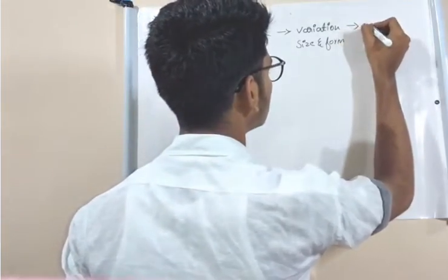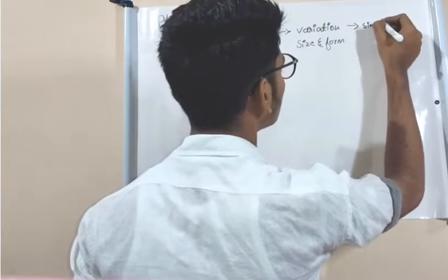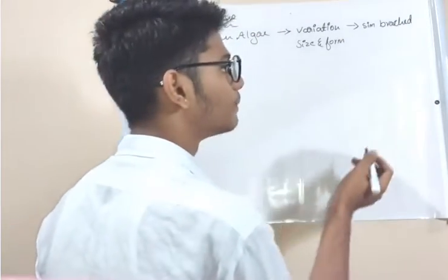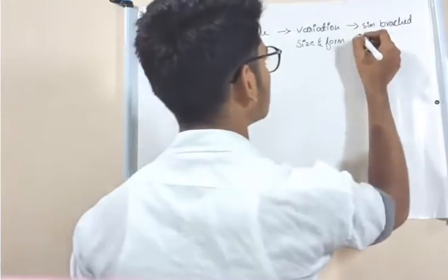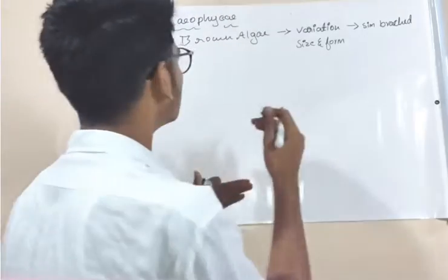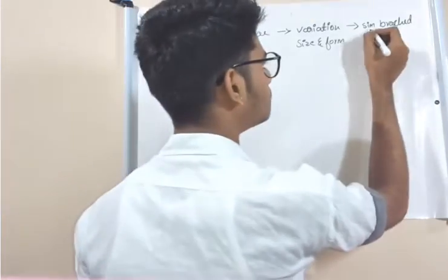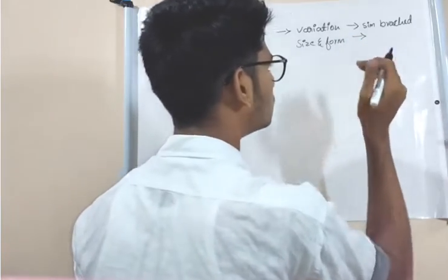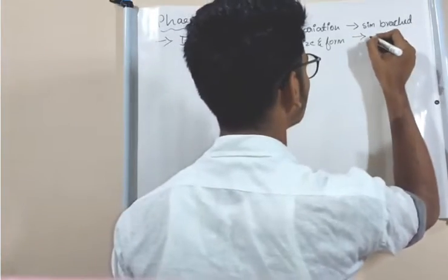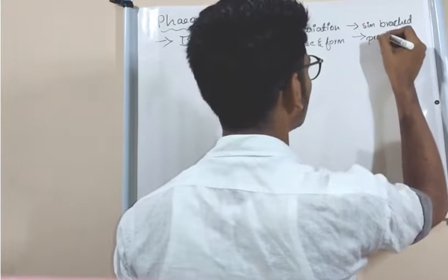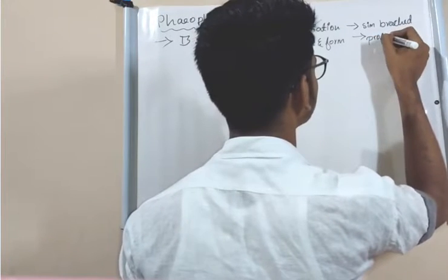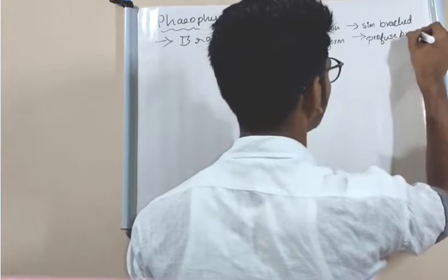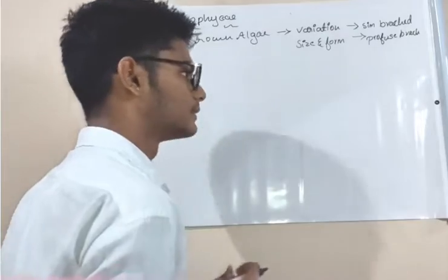Like simple branched, it will be in simple branched form, and it will also have profuse branching.